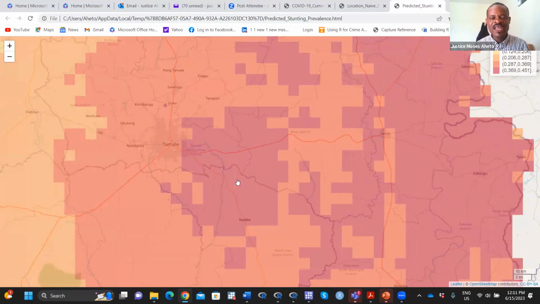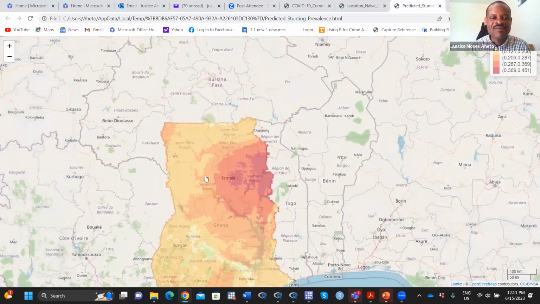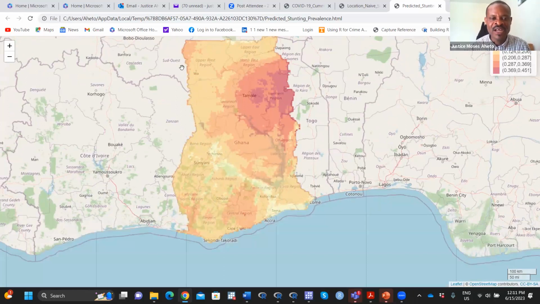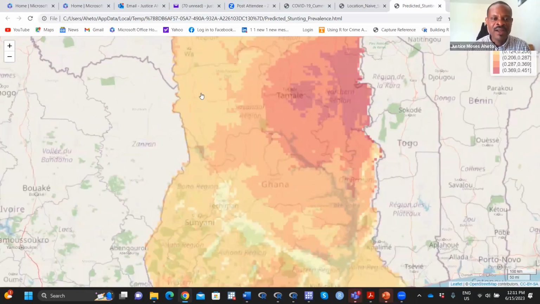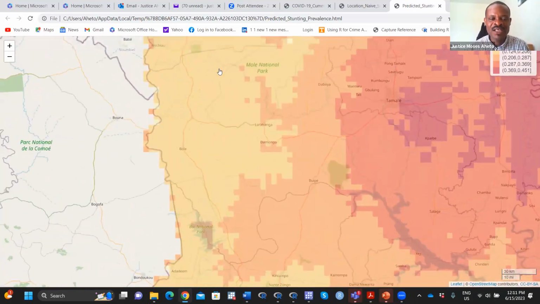Okay, so here the spatial analysis and web-based mapping aspect is helping you to identify communities where the risk is high and they need urgent intervention. And in the areas where the risk is not high, you need to learn from those areas. For instance, if you look at this area around Mole National Park, they don't appear to show high risk of stunting prevalence.